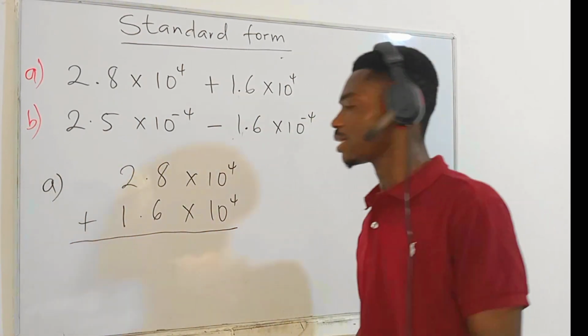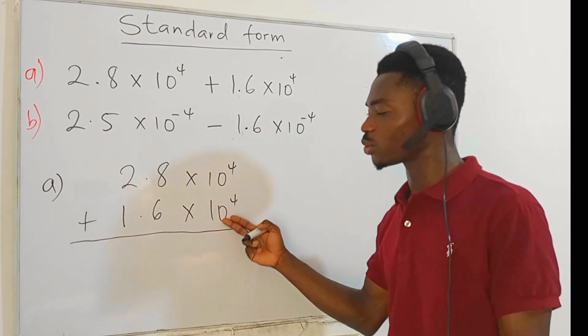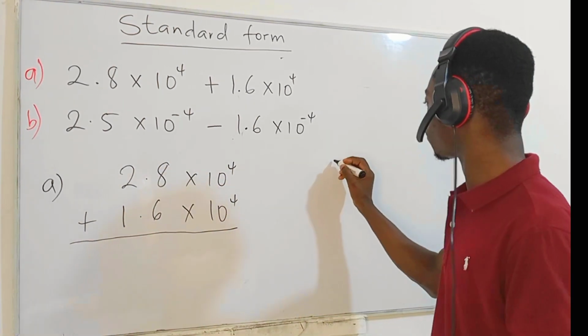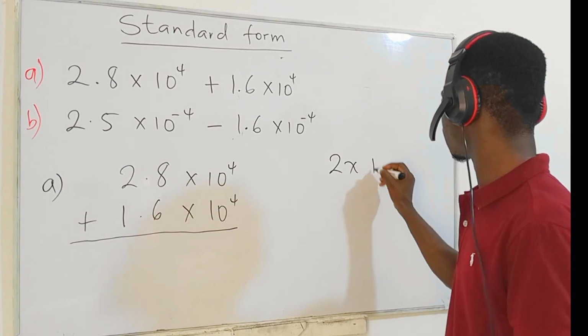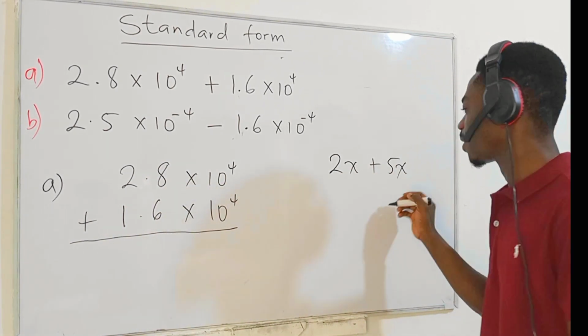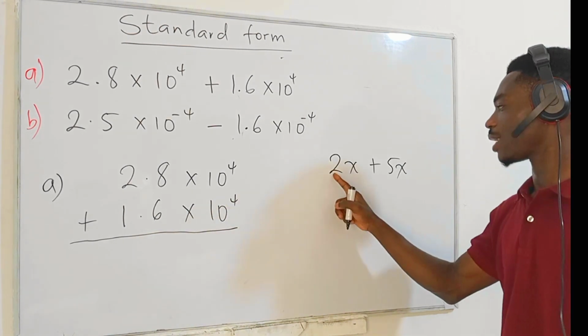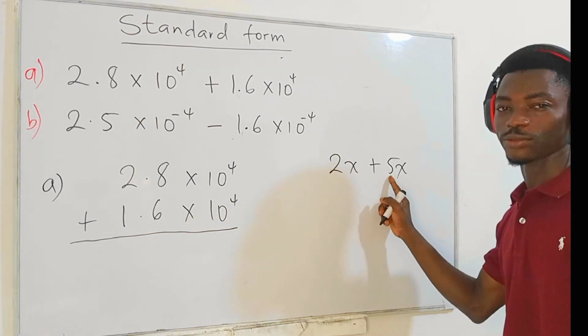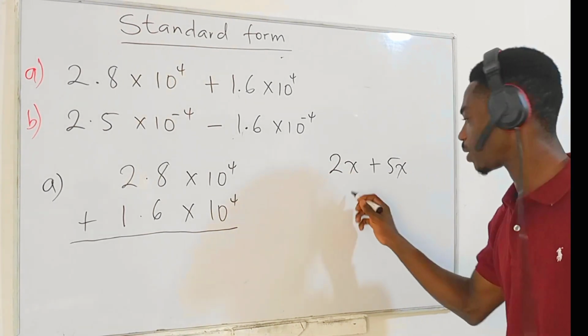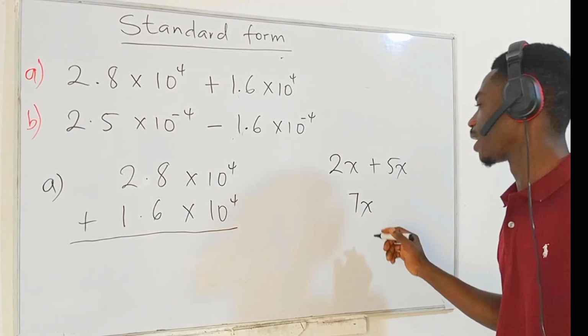As simple as that. Now, don't worry about this 10 to the power 4, 10 to the power 4. Check it this way. Let's say we have 2x plus, let's say, 5x. Obviously, we are just going to add 2 and 5. Then we attach the result with one of these variables. So it's going to basically be 7x. It's the same thing.